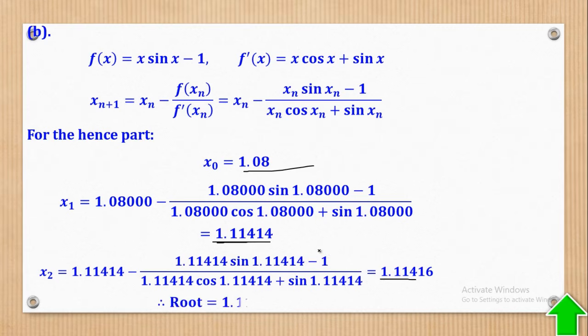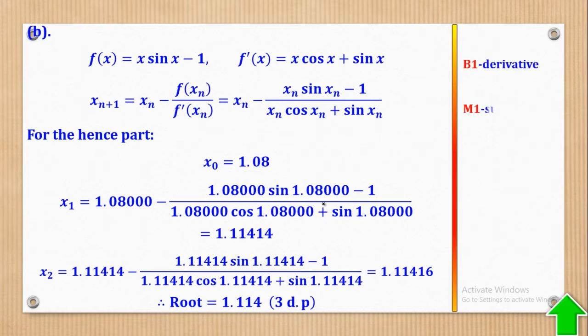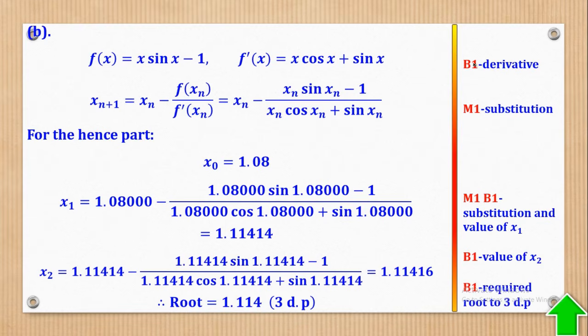So you stop there and say that the root is 1.114 to 3 decimal places. So basically that's what they wanted. Now let's see how marks can be awarded. B1 for differentiating, M1 for substitution, M1 for the substitution, B1 for the output, B1 for the output, B1 for the conclusion.